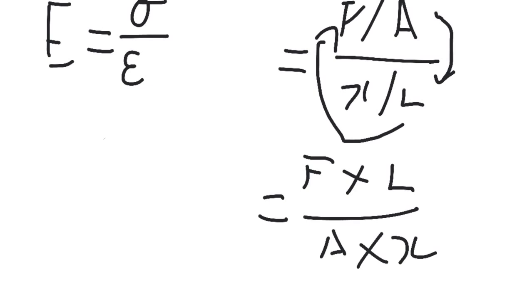As a result, we get something that looks like this: F times L is equal to A times x. That always works, so please bear that in mind as a little algebraic trick that can help you with any number of problems that might come up.